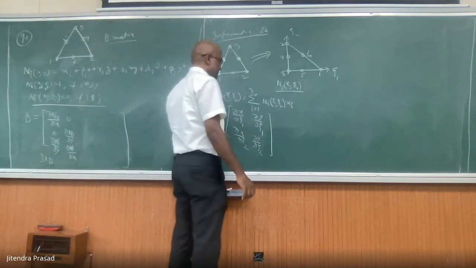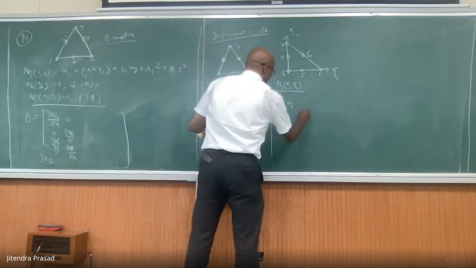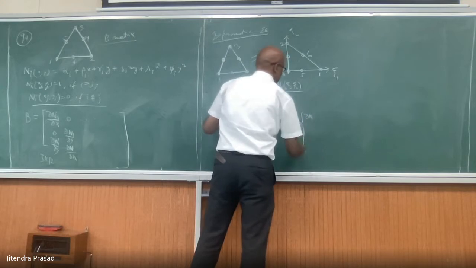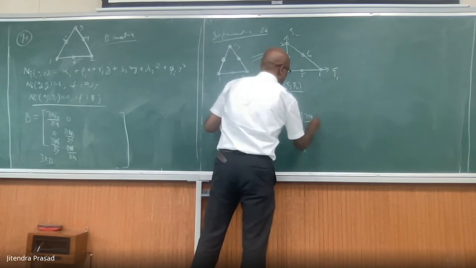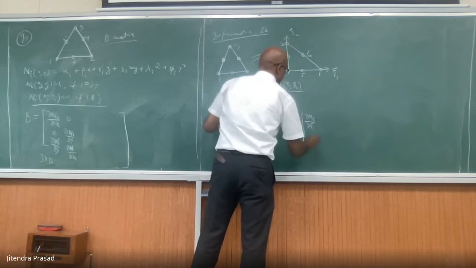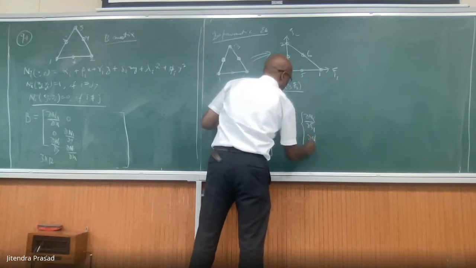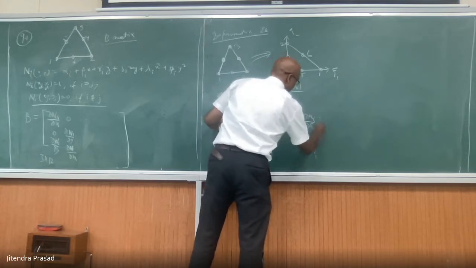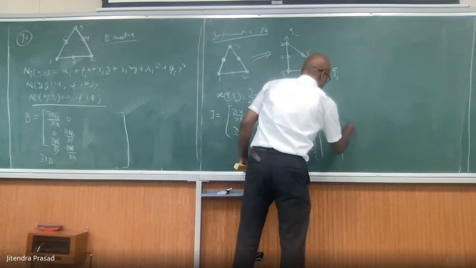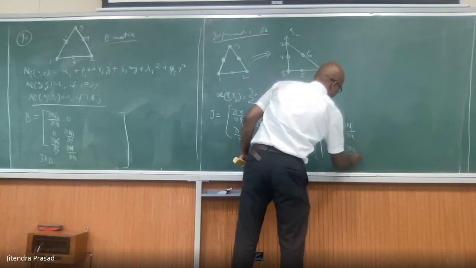We know this, and also we know ln I over L, xi 1 del ni over del xi 2 is equal to z, del ni over del x, del ni over del y.